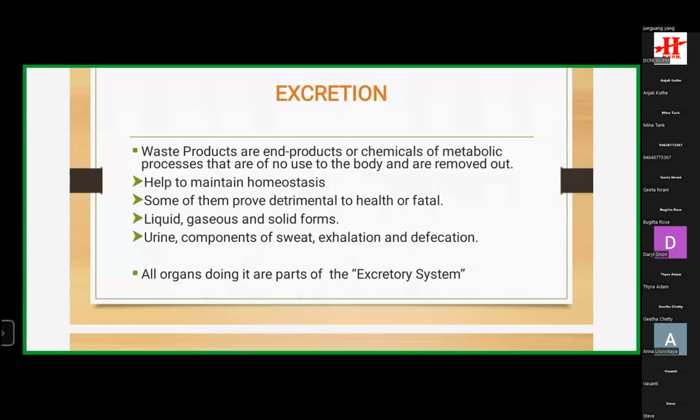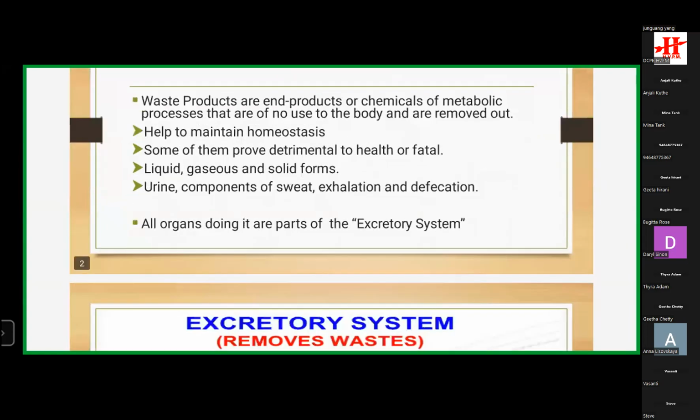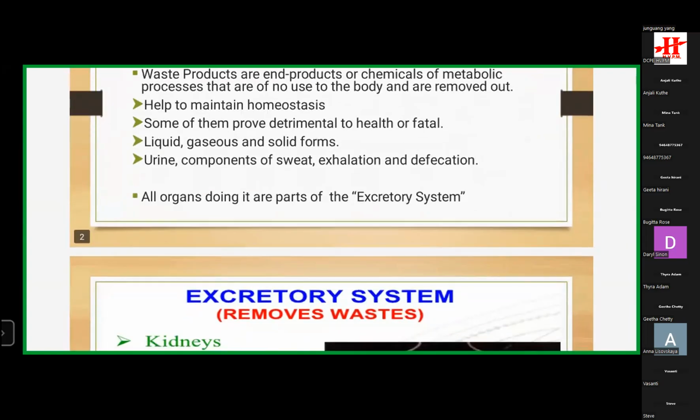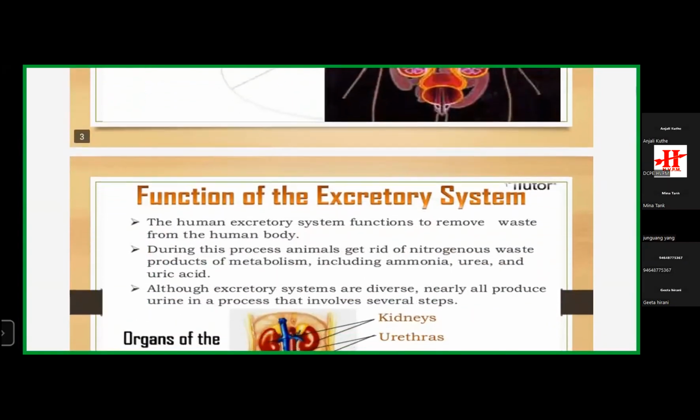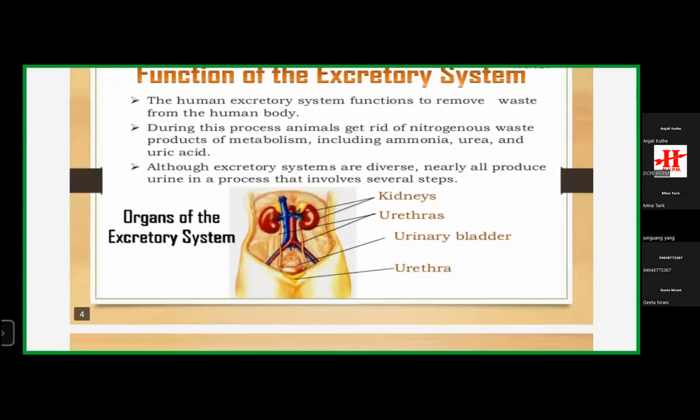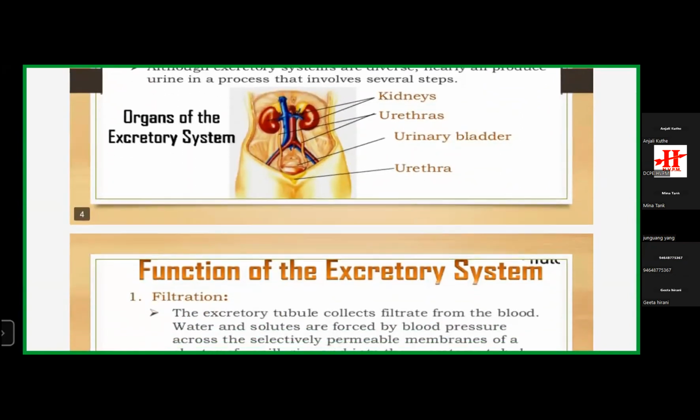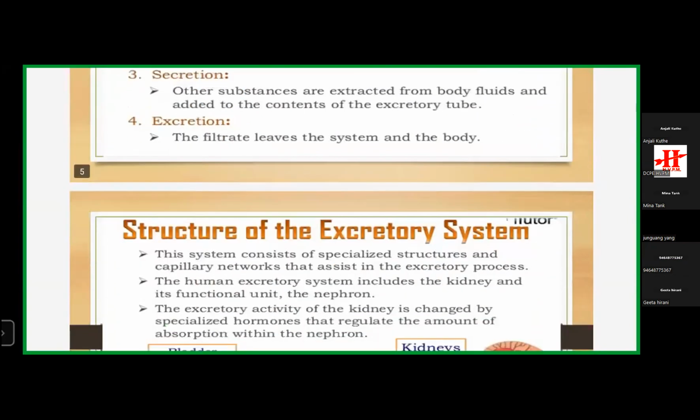Excretory products, some are in liquid state, some are gaseous like carbon dioxide, and some are in solid form. We will learn about urine and the various processes of excretion one by one.